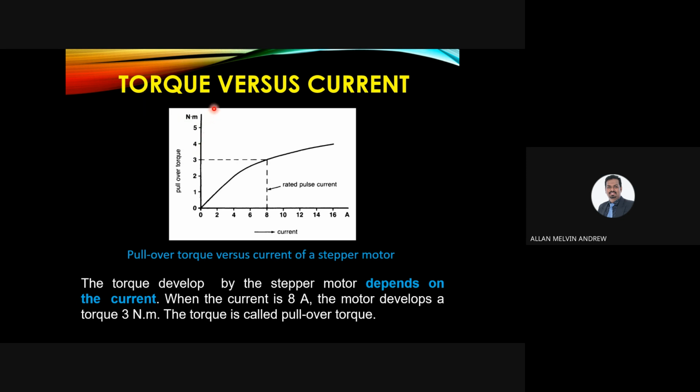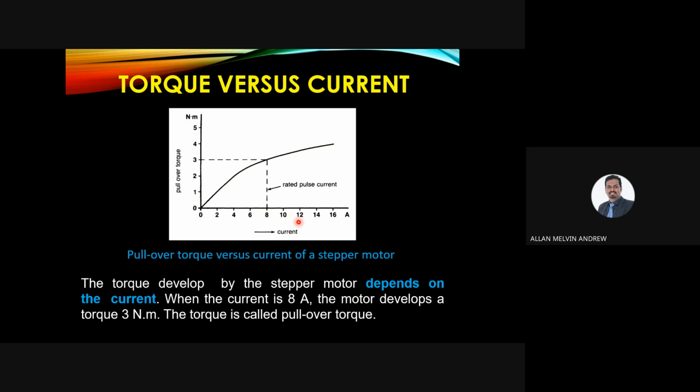In a stepper motor, the torque developed depends on the current. So meaning more current, more torque. Okay, so it will follow this. Even though this is not a linear curve, we can see it is almost increasing as the value of current increases.